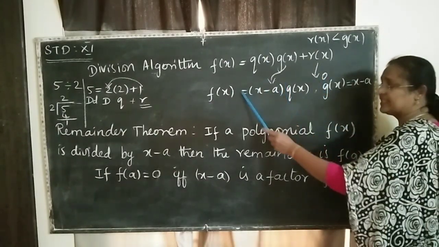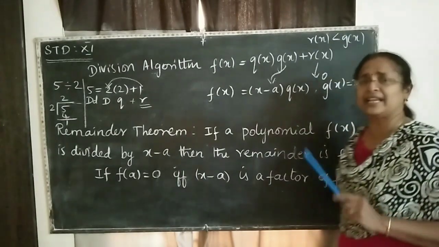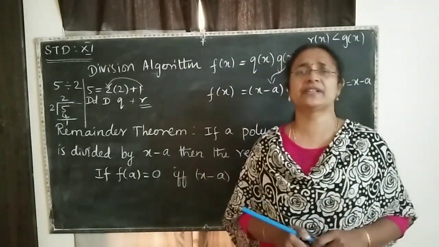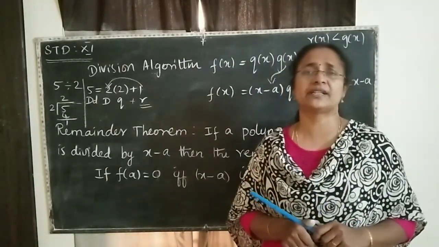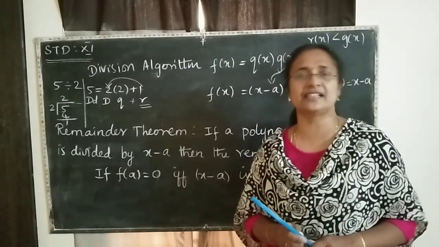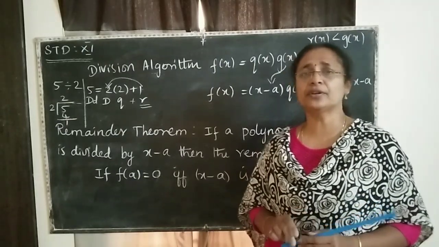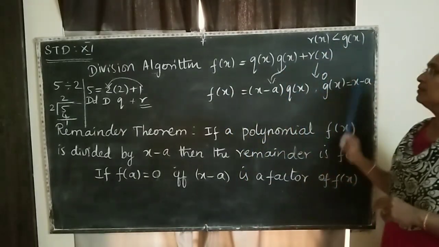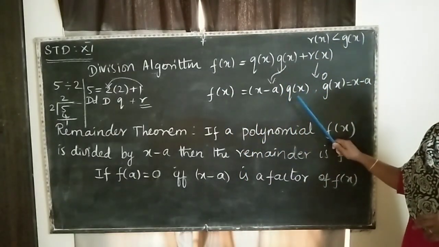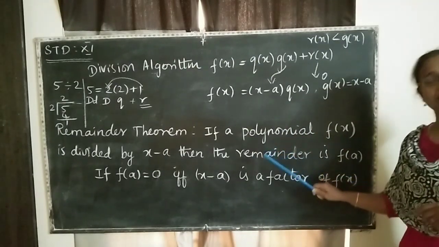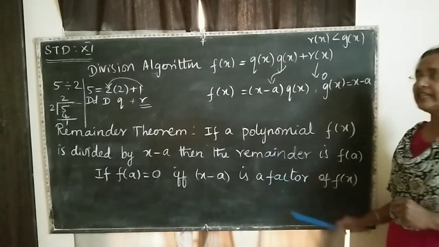We know that if a polynomial expression or a quadratic expression or a cubic polynomial expression is divided by a factor, the remainder will be 0. Is it clear for you? So, very simple. Now, this has to be in your mind in order to get into the concept of the remainder theorem. Is it clear? Okay.